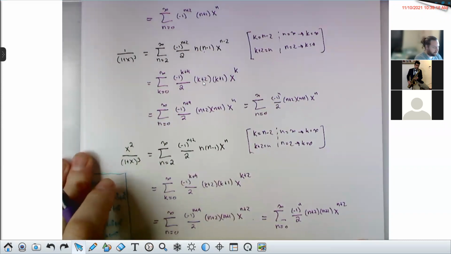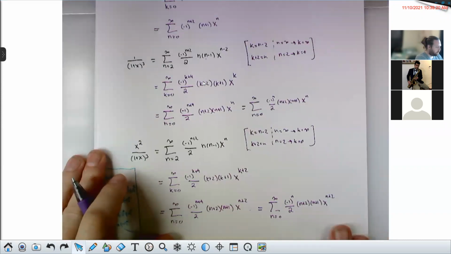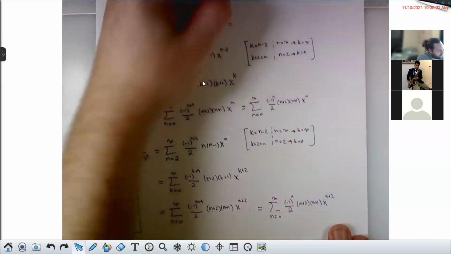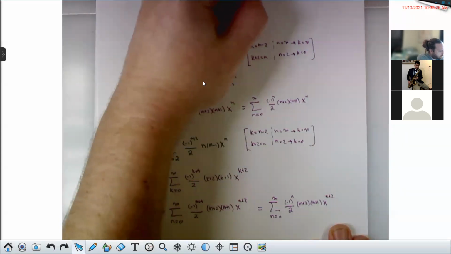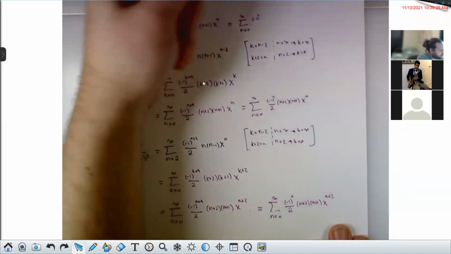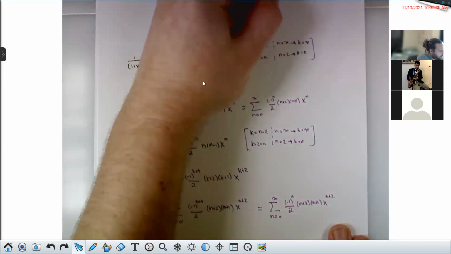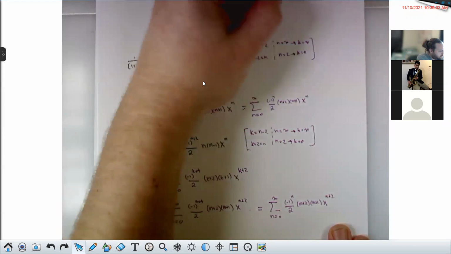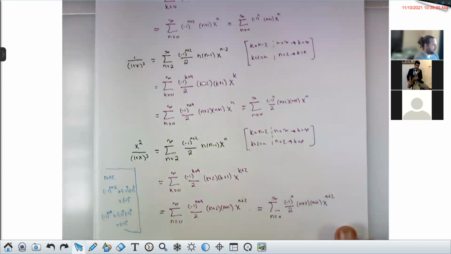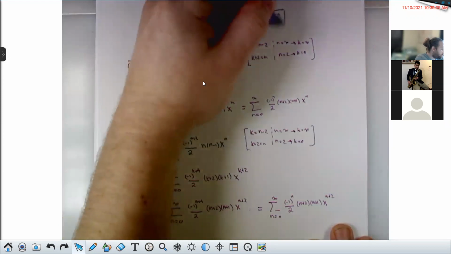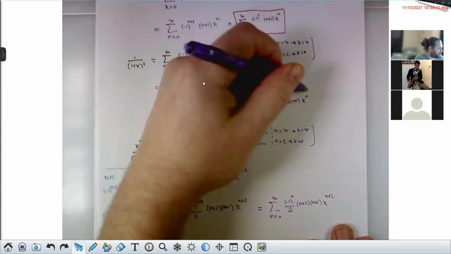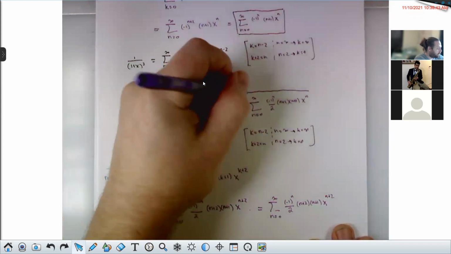And the top guy would be sigma n from 0 to infinity, negative 1 to the n, n plus 1, x to the n. So sort of the nicest possible way of writing the answers for those are these boxed statements here.